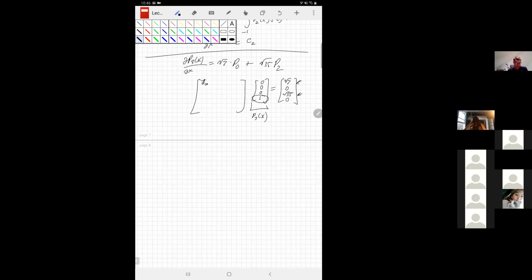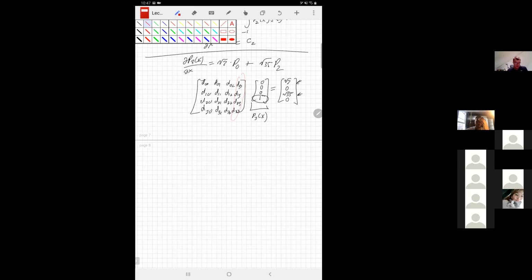I'm going to call these D00, D01, D02, D03, D10, D11, D12, D13, D20, D21, D22, D23, and D30, D31, D32, D33. Well, let's see here. We have just figured out one of the columns. We have just figured out this column.